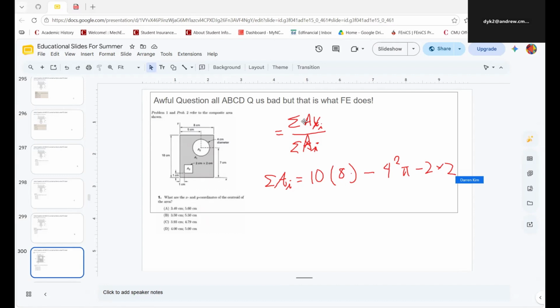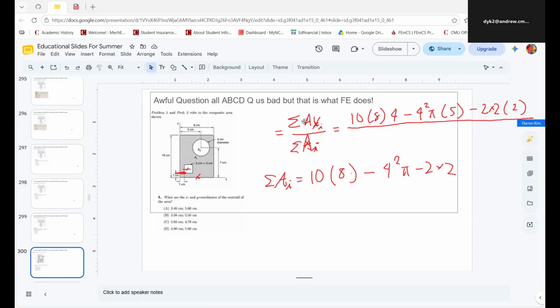In the same vein, you can do 10, 8 by the centroid, which is the middle over here, which is going to be 4 minus 4 squared pi, and you can find that 5 minus 2 times 2, parentheses, where's the other one? This one is 1, and then it's going to be plus 2, which is 1, so it's 2. So you can see that this is a possible equation.